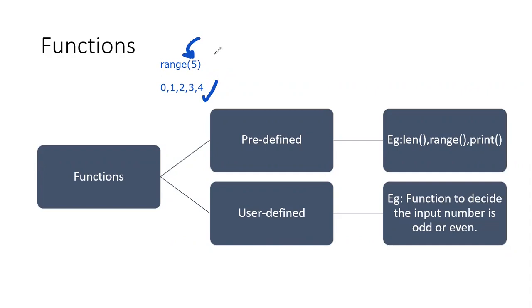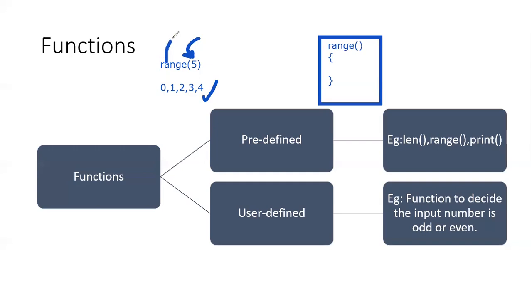Now, there is a function somebody has developed. That means someone has written a program named range. This program has some lines of code, and we don't know what they are.